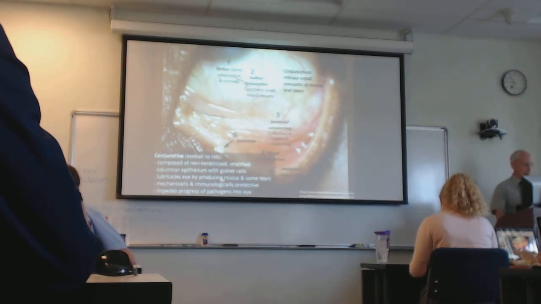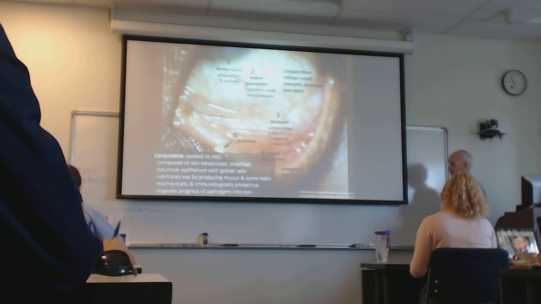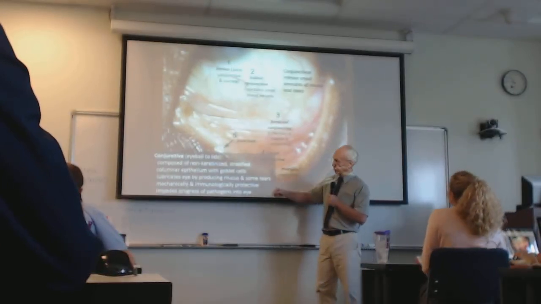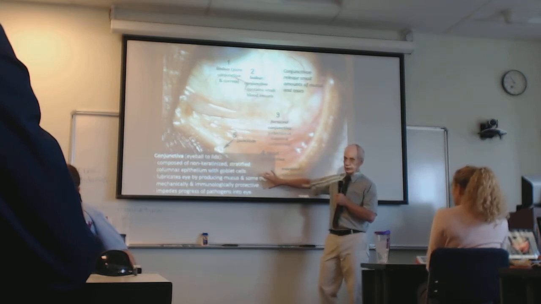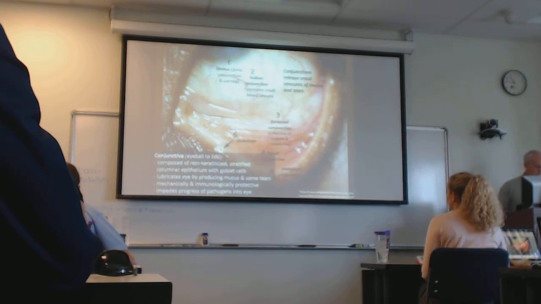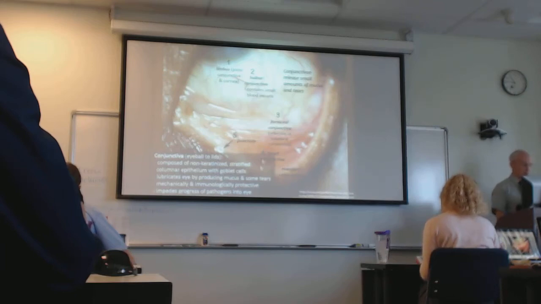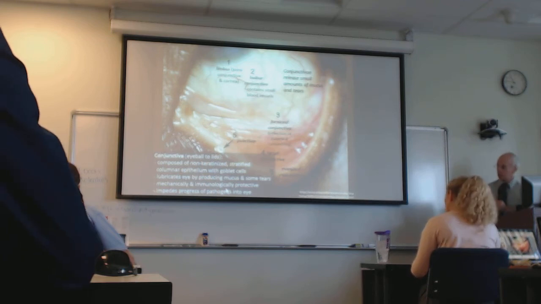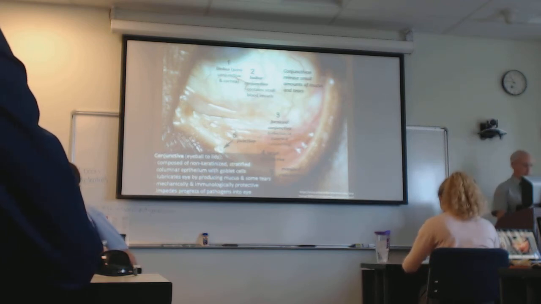In fact, there are multiple glands at the periphery of the eye opening to increase the viscosity, the thickness of the fluid that is used to protect and bathe the eye. And that fluid serves a variety of functions: mechanically protective, immunologically protective, and perhaps acts as a lubricant as well.